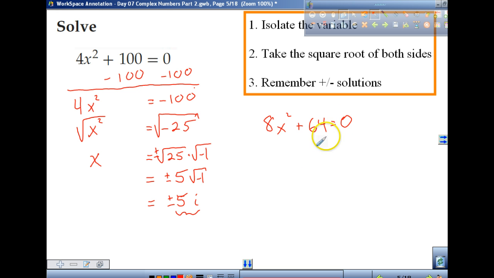Equal to 0. Subtract 64, so we get negative 64. Divide both sides by 8, negative 8. Square root, square root.